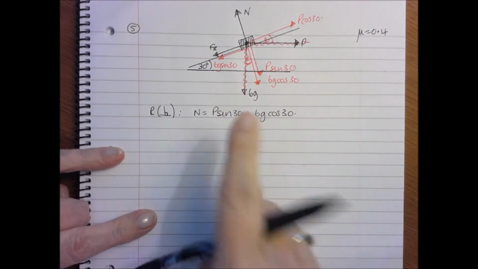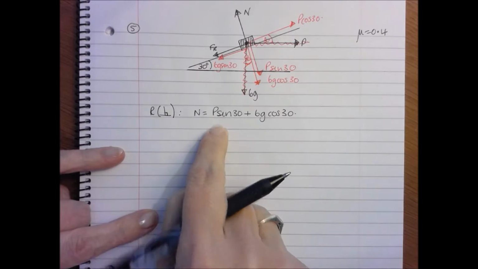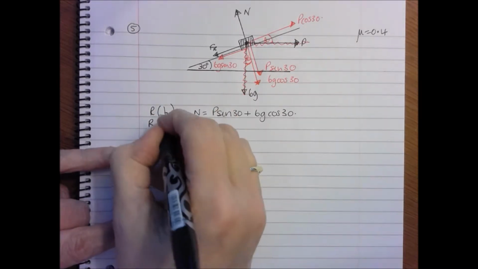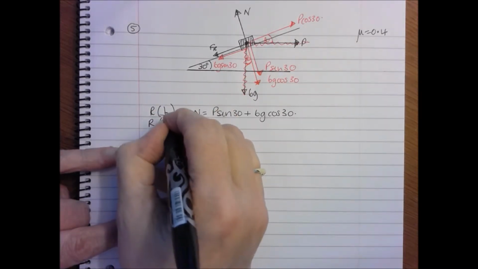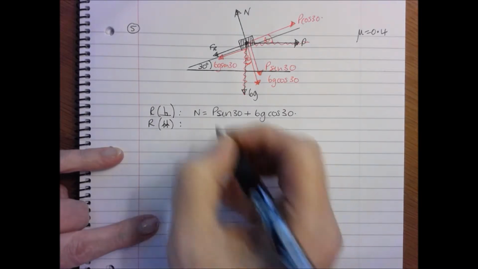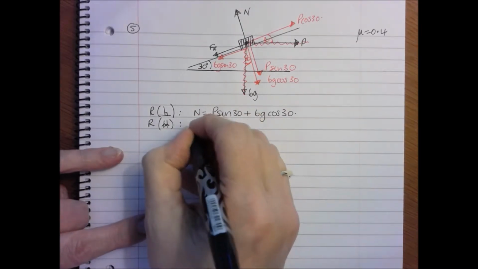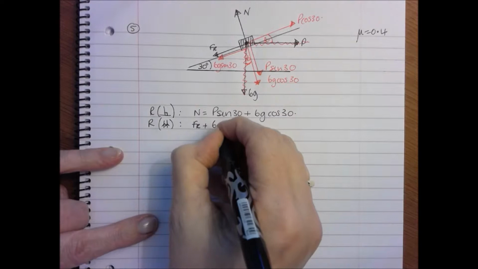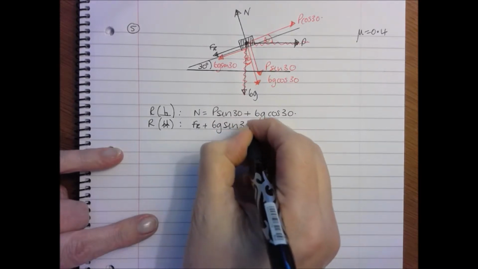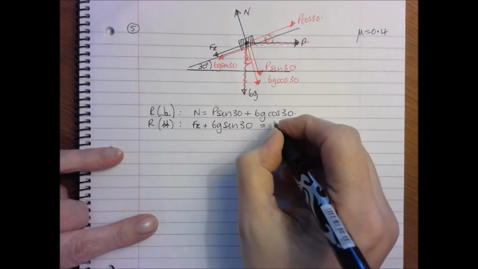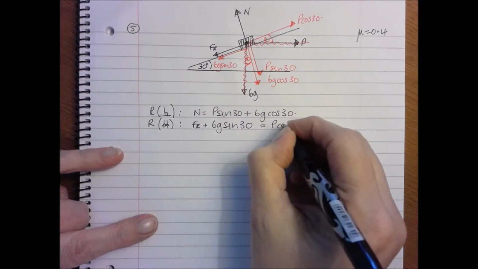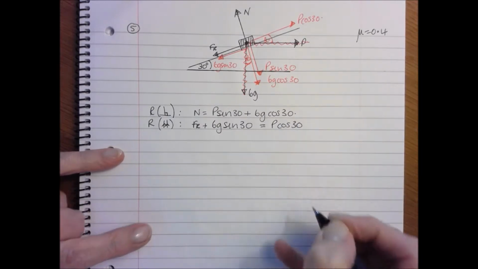So I can't find N yet because I don't know what P is. So if I resolve my forces parallel to the plane, then I've got friction plus 6g sine 30 going down, and I've got P cos 30 going up. Again, I've got two unknowns in there, so that's not a lot of use.